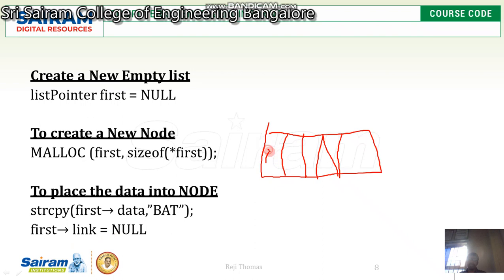So this is going to be my B, this is going to be my A, and this is going to be my T, and this is going to be the null character, and this I can call it as data. This is my data, and the second part is going to be the link. So please remember this, right? So this is the node which I've created. This is the first node I created.